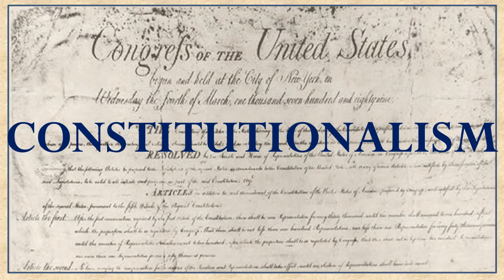Now, the very notion that the powers of government can be limited is what the term constitutionalism means. If you believe in constitutionalism, then you believe that government power can be held in place, that it can be stopped from doing certain things. This is a relatively new concept in human history.